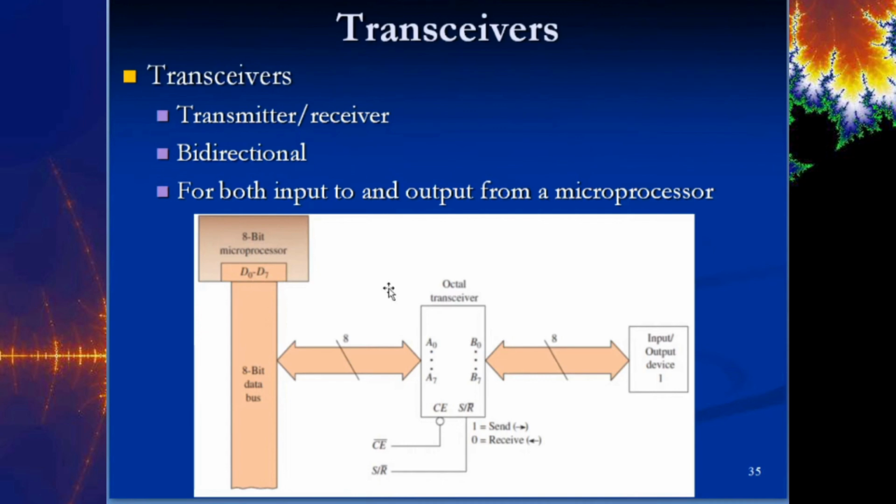But think about the Nextel phones or just a generic walkie-talkie. How do those operate? Can you talk to each other at the same time? No. You are connected to the other person, but only one person can control the communication path at one time. Whoever has control of it, that's the direction the communication is going from one end to the other. A bidirectional or a transceiver allows everything to happen at the same time.